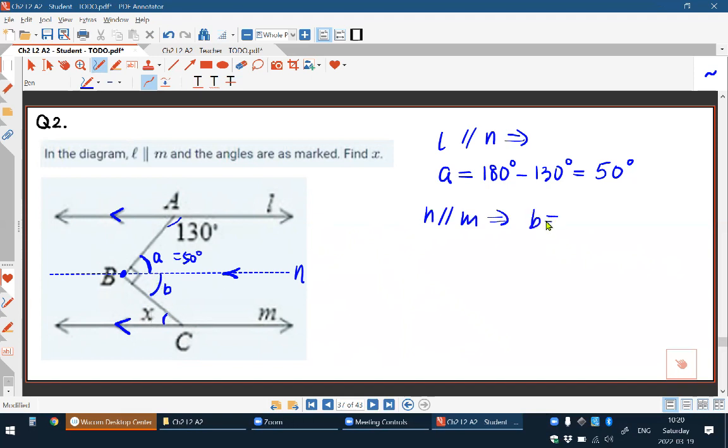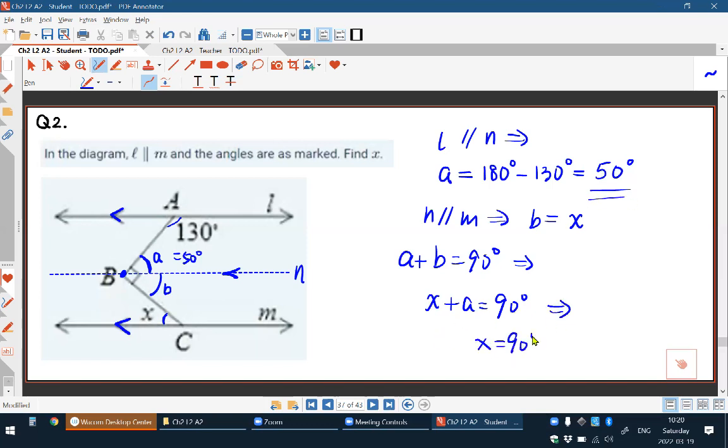So this gives us B equals x. And we know that the sum of A and B is 90 degrees. So this gives us x plus A equals 90 degrees, right? And we also know that A is 50 degrees. So x is 90 degrees minus A, which is 90 degrees minus 50 degrees. So x is 40 degrees, right?